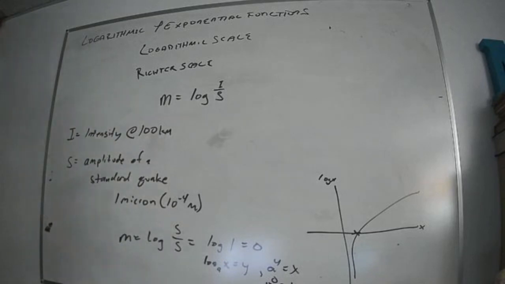So this is useful because it gives us the magnitude of an earthquake. From 1900 to 1950, Richter measured a bunch of earthquakes. The largest one had a magnitude of 8.9, and the smallest one was a 0. Now, this is a ratio of about 800 million.